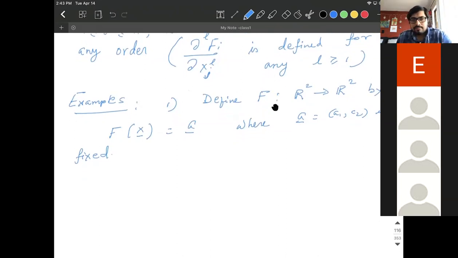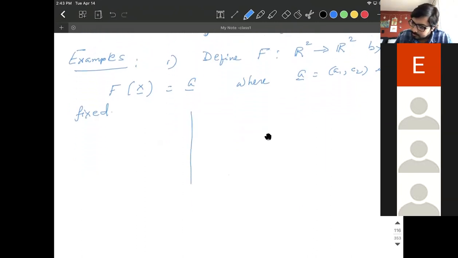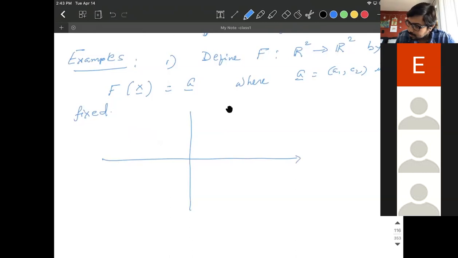Now, if you draw pictures for this, it's in R^2, so you can draw pictures. So what does it give? So this is, let's say, the x-axis, and this is the y-axis.